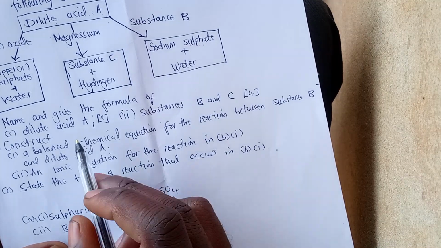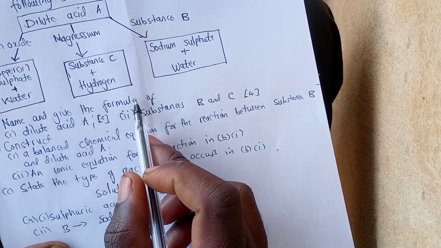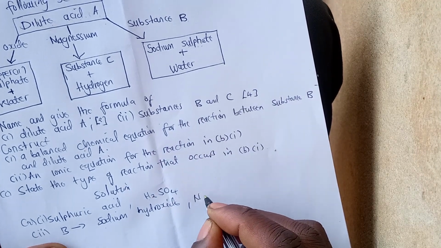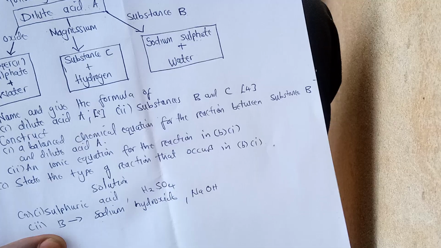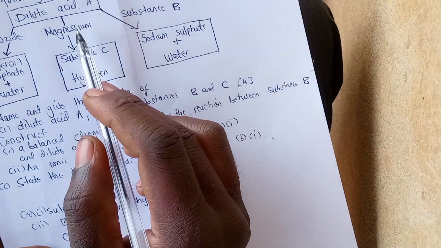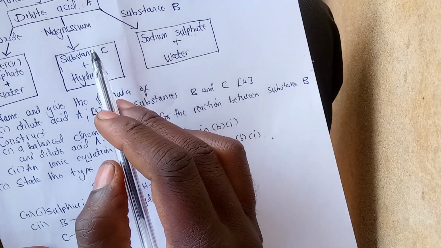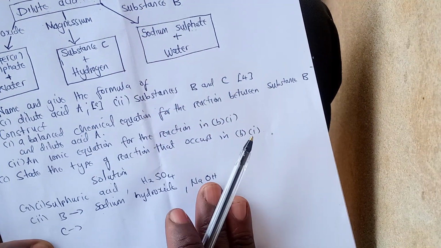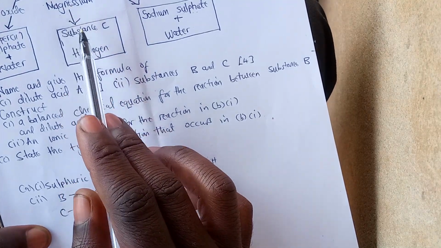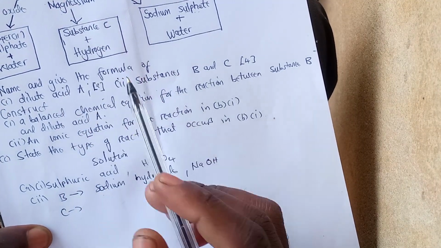Then they said we name and give the formula. So B is sodium hydroxide, the formula is NaOH. Then for C, we said when sulfuric acid reacts with magnesium metal, it will produce magnesium sulfate plus hydrogen gas.